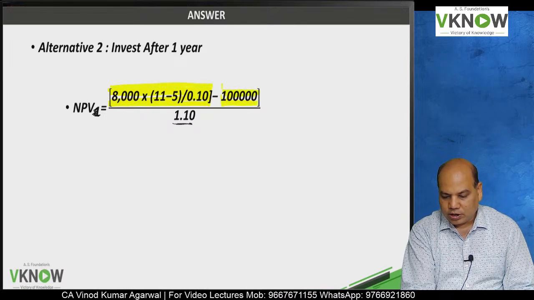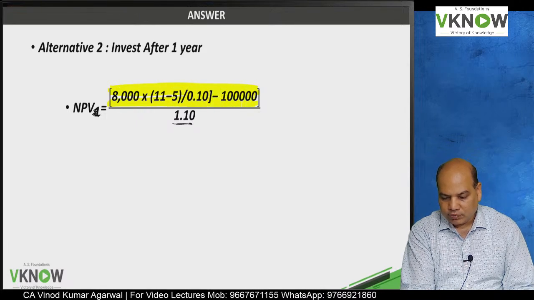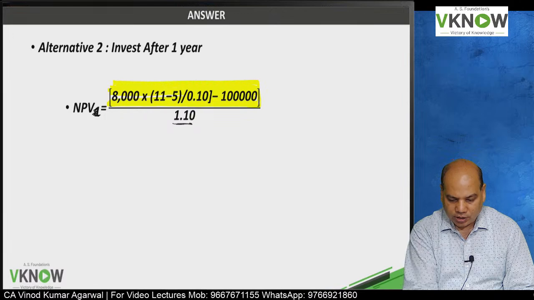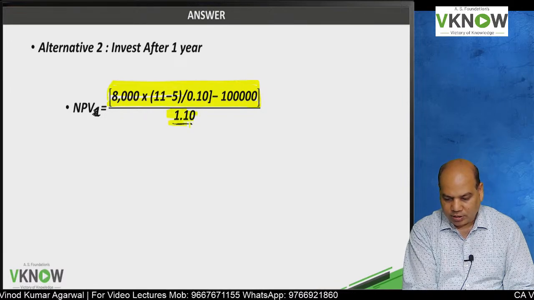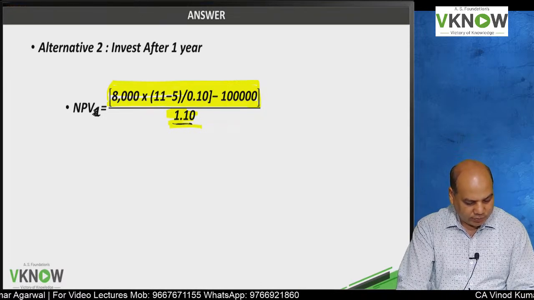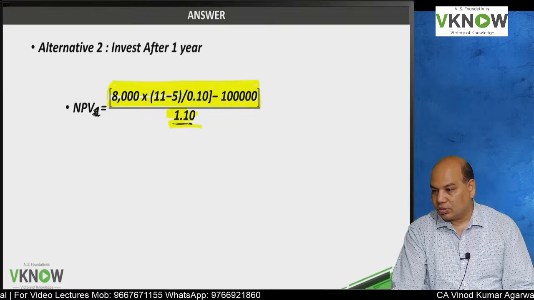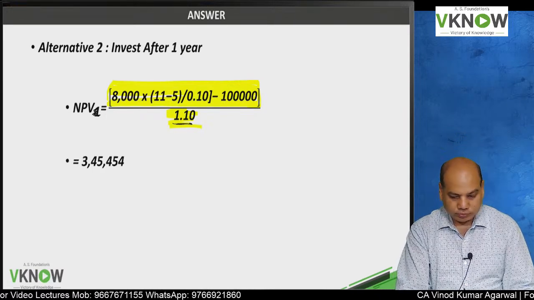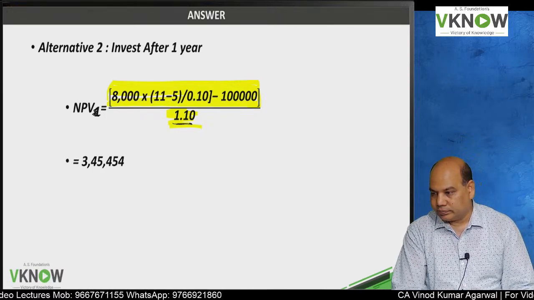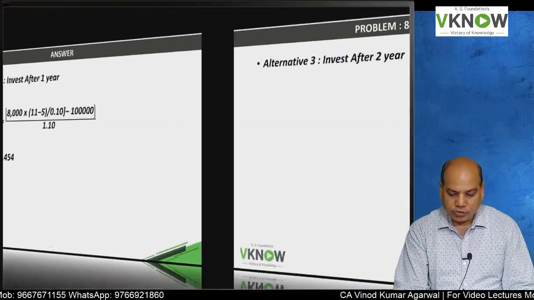The numerator will give me NPV at the end of year 1, discounted by 1 year factor. So what is the answer now? Check the answer please. 345, 454.